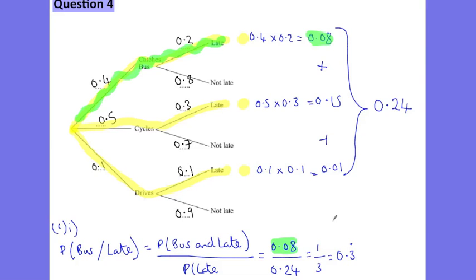The probability she did not catch the bus will be 1, take away the probability she did take the bus. 1 take away 1/3 is equal to 2/3, or as a decimal, 0.6 reoccurring. This here comes from the probability of something not happening is equal to 1 take away the probability it does happen.